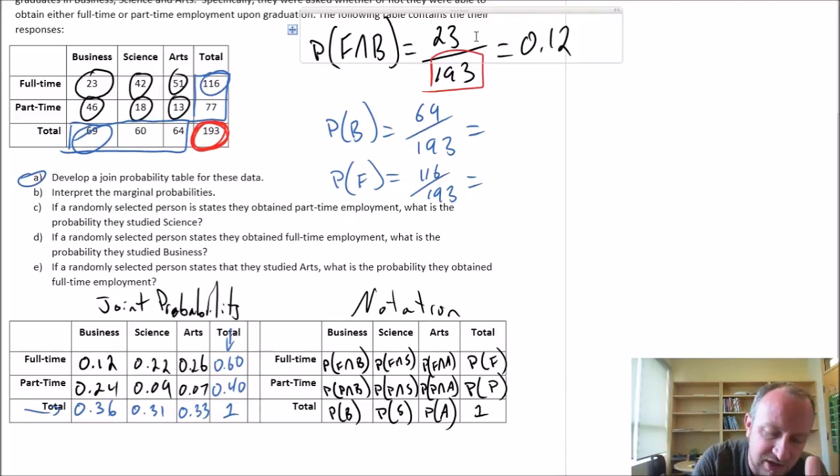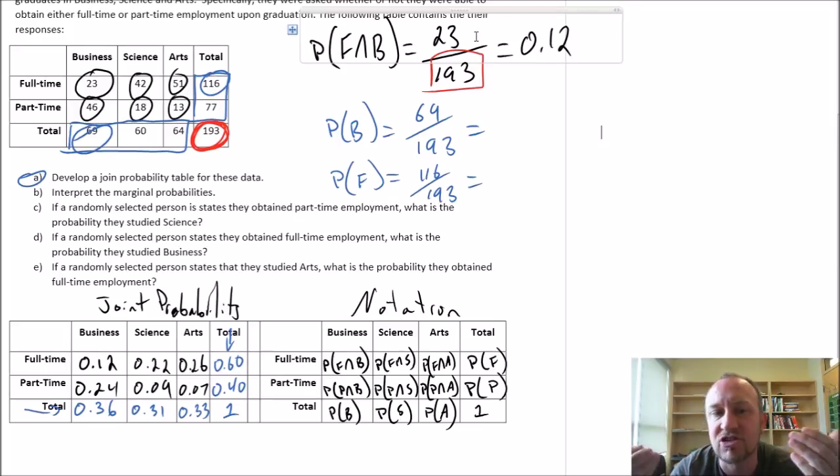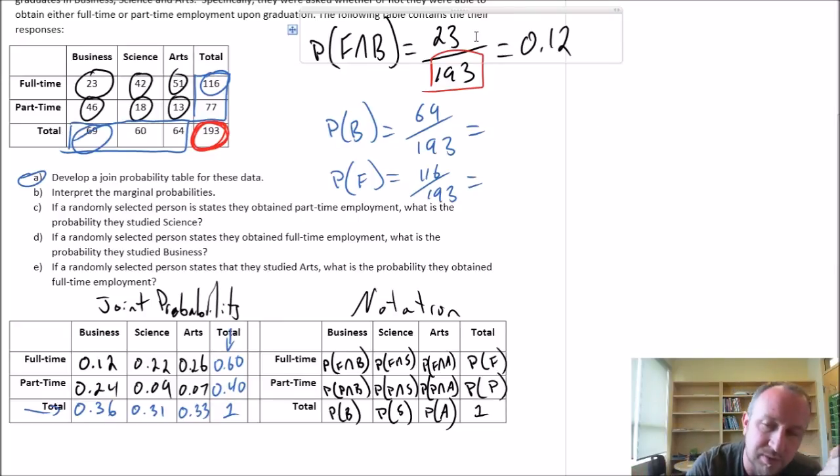And the interpretation across the field of studies is exactly the same. A randomly selected person is a 0.36 probability, or a 36% chance that I'll draw a business student, or a 31% chance that I'll draw a science student, etc. Okay, so those marginal probabilities, those are the blue ones in the table, that's what those are telling us.